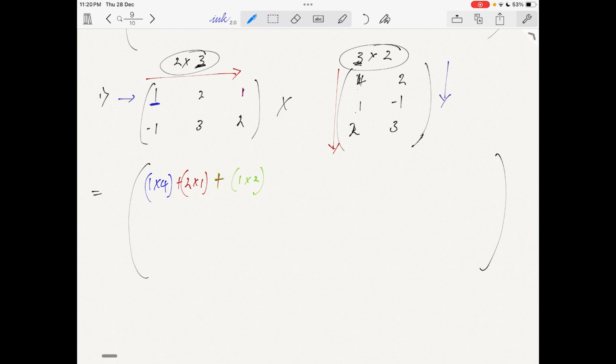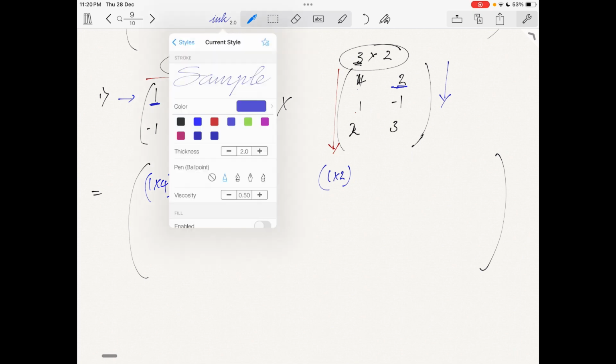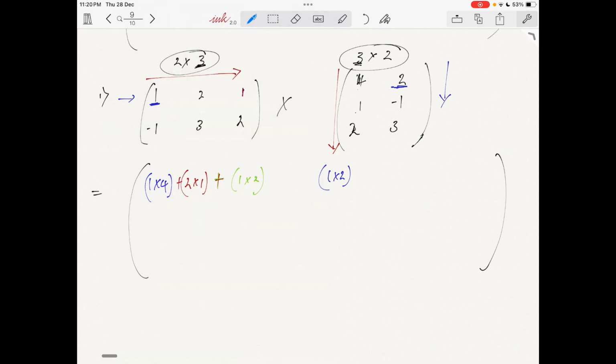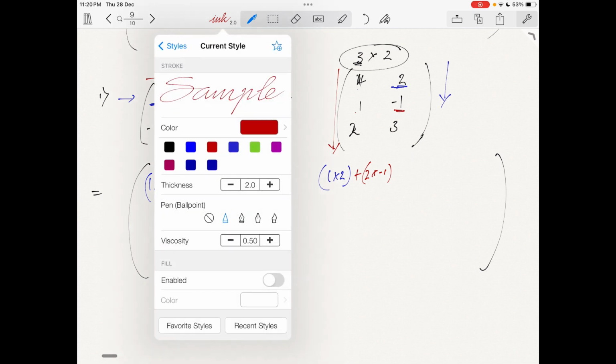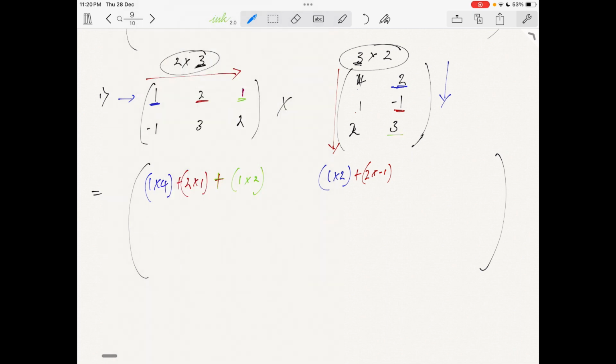So that will be the first variable here multiplied by the first variable there, that will be 1 multiplied by 2, and then the next one will be this multiplied by this, and the last one will be 1 multiplied by 3.